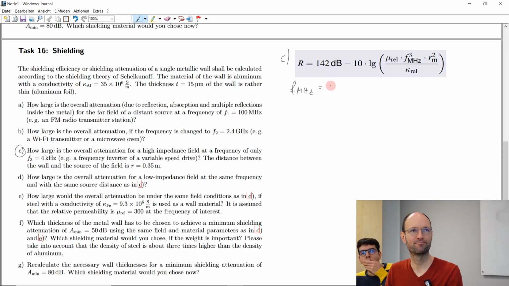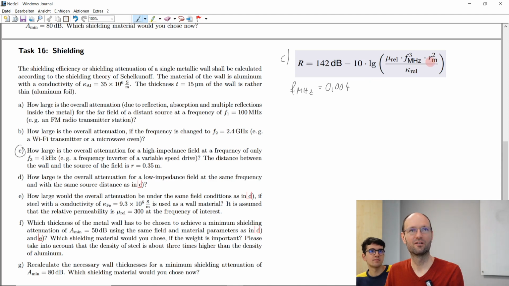So 4 kilohertz divided by 10 to the power 6. Interestingly, I would not need the calculator. This is definitely some skill that you should improve. Yeah, 1 divided by 10, so it will be 0.0, yeah, 0.004.